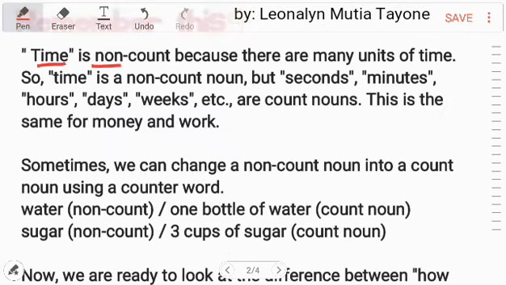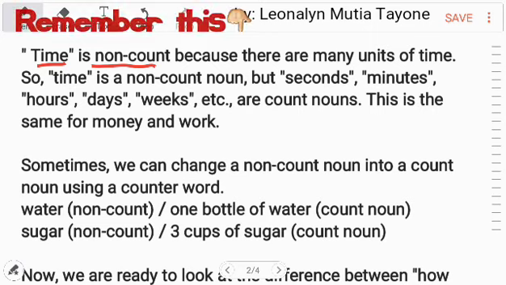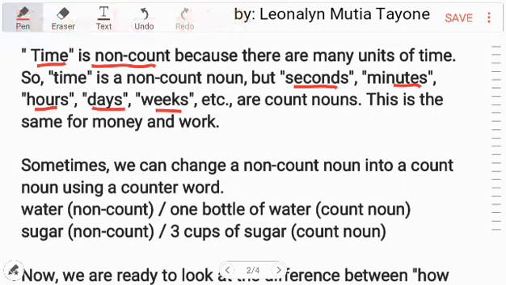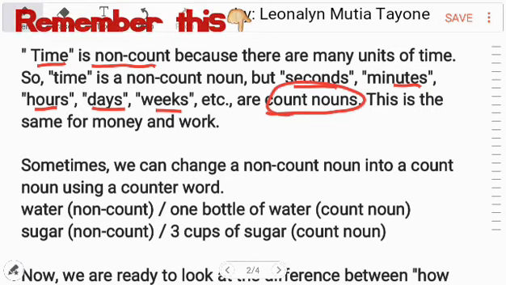Time is non-count because there are many units of time. So time is non-count noun. But seconds, minutes, hours, days, weeks, yung mga ganyan are count nouns. This is the same for money and work.